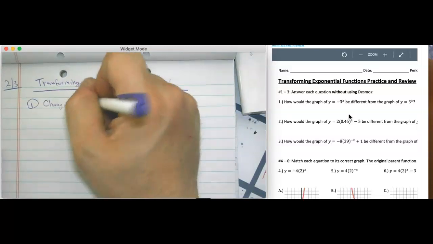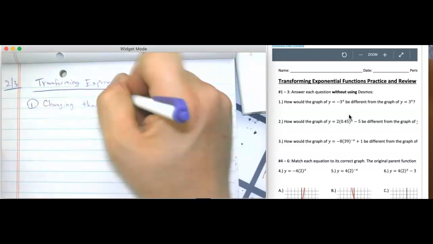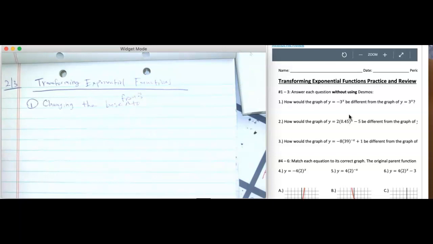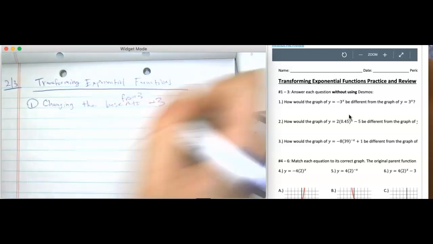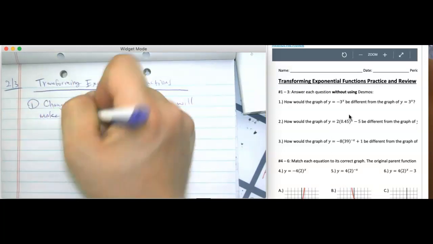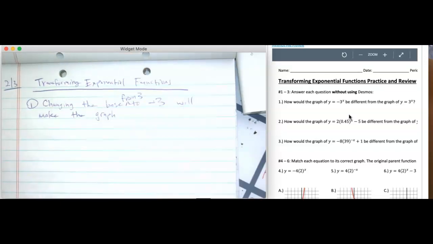So changing the base from 3 to negative 3 will make the graph flip down over the x-axis.